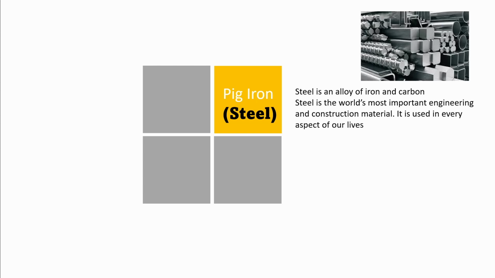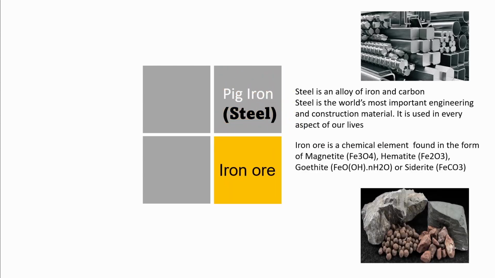So steel is an alloy of iron and carbon. It is the world's most important engineering and construction material, and like we said, it is used in every aspect of our life. So how is steel made and what are the main ingredients of steel?